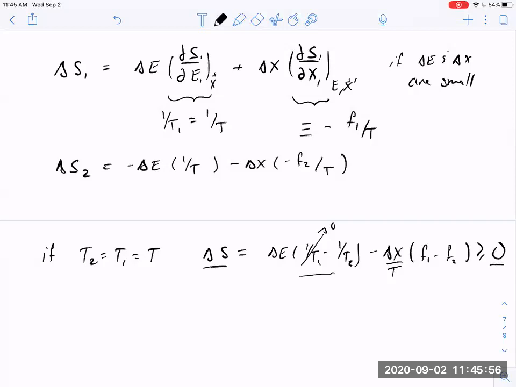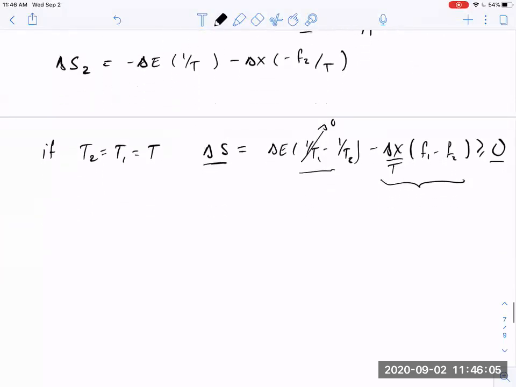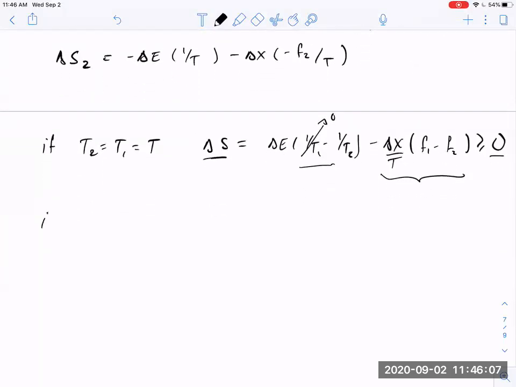If the temperatures are the same, that means that corresponding change in entropy occurred just due to that term, the repartitioning of mechanical variables. And what we can then deduce is if F1 is greater than F2, so the term in the parentheses is positive, it must be the case for a spontaneous change that delta X is negative.